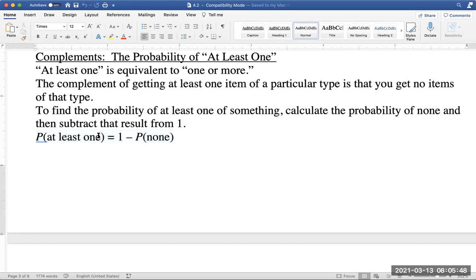Let me assume that we're counting, meaning that it has to be a whole number. Then the opposite of greater than or equal to 1 is less than 1, and so just equals 0. And so the probability of at least 1 is 1 minus the probability of none. It's easier to look at the complementary event in this case.